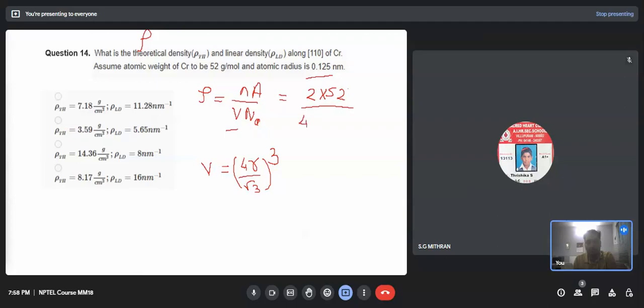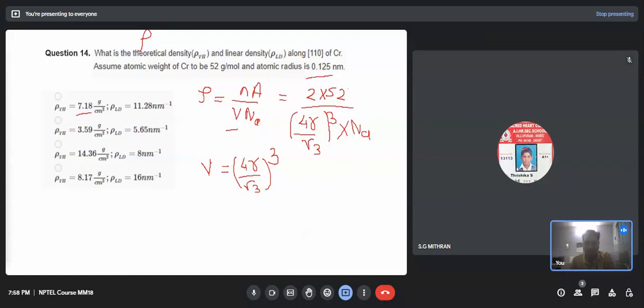We'll write here the r form, and the Avogadro number Na will be the same. If we calculate these values, then we'll get 7.18 gram per centimeter cube.